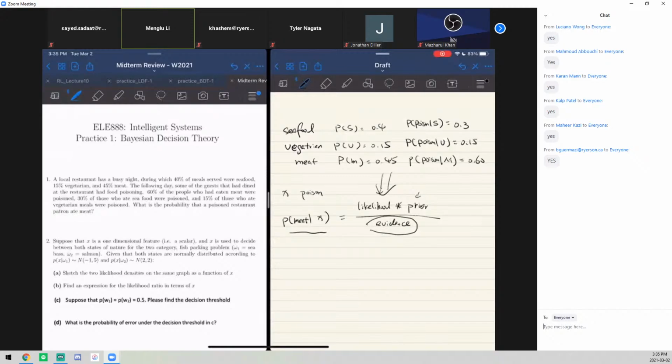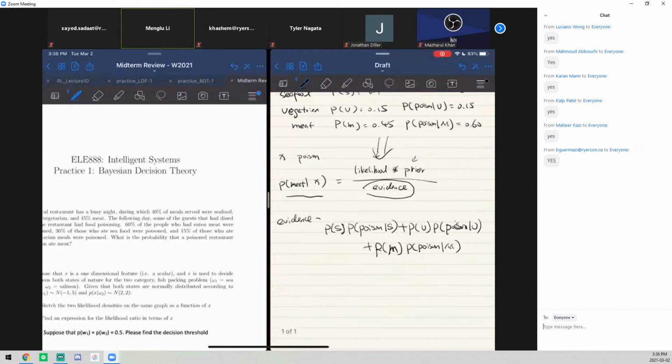So for each case, for evidence, we just add up, for each case, the likelihood multiplied by its prior, and sum all the cases up.